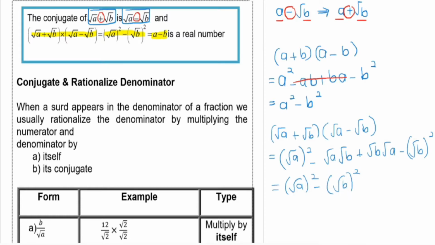Again, we can just cancel the middle terms because they are the same. We cancel the root and the square together, so we will get A minus B. So again, √A plus √B times √A minus √B equals A minus B.